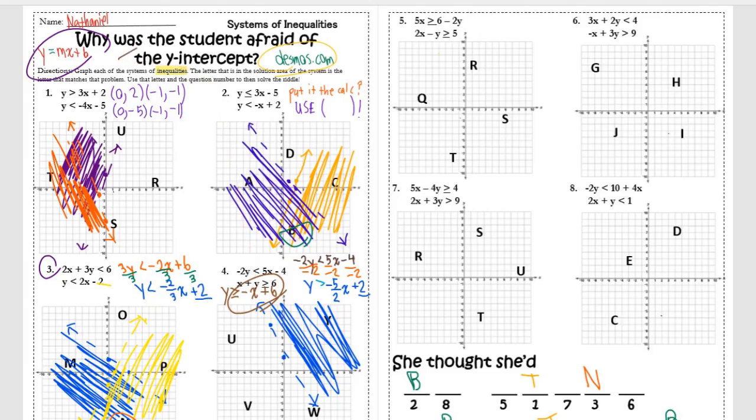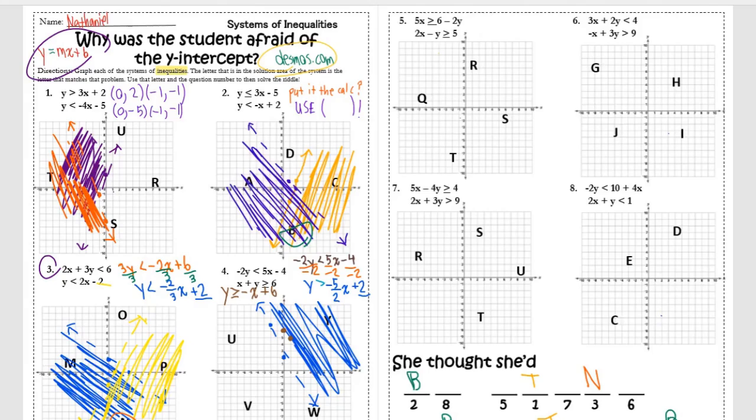Okay, so 2 good points for this inequality are 0, 6, so x is 0, y is 6, and 1, 5. X is 1, y is 5.